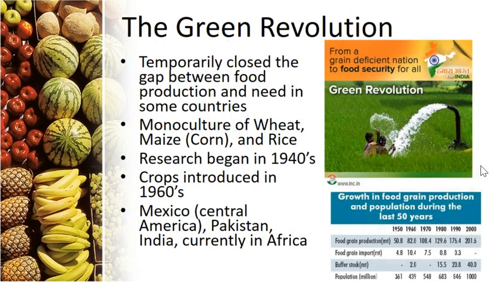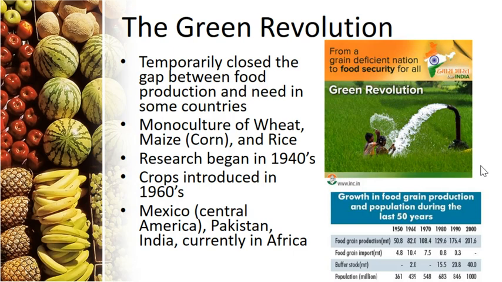But in a nutshell, the Green Revolution was able to temporarily close the gap between food production by giving you these hybrid varieties that are more productive and developing inputs that allow for higher yield. And it actually eliminated starvation for the most part in some countries, and that is really amazing.